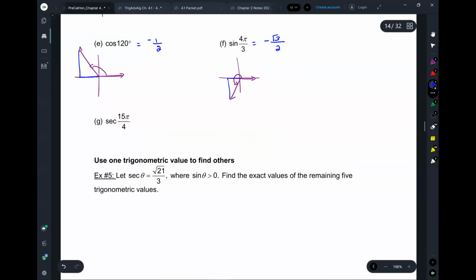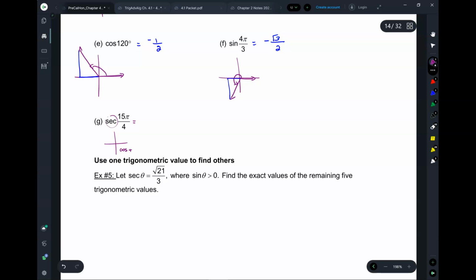Okay. So secant of 15 pi over 4. Fourth quadrant? How much? Okay, fourth quadrant, and it's pi over 4, so root 2 over 2. So this is like cosine, right?